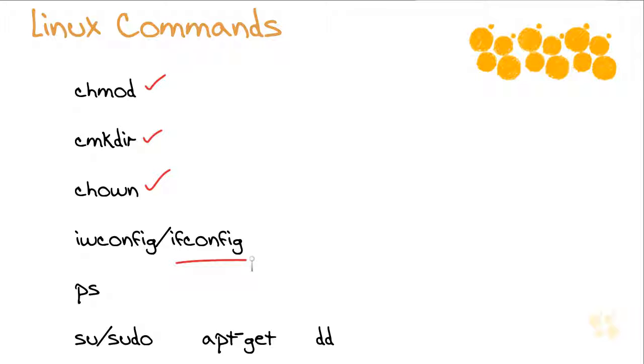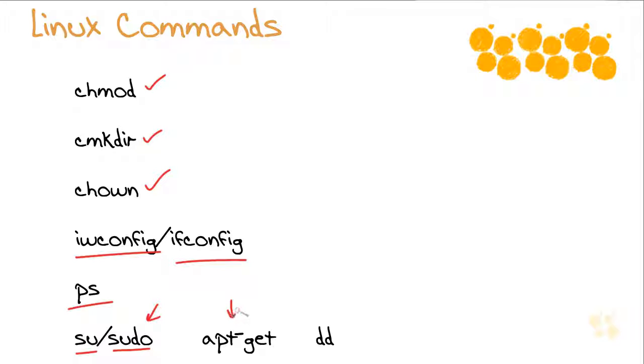There's the ifconfig that we've seen in another nugget in order to examine and potentially reconfigure the wired network card properties. There's iwconfig in order to change wireless network interface settings. There's the ps command in order to view active processes on our machine. There's the su command in order to change the user account. There's sudo, which is basically like run as, that allows us to run something as the root administrator account.